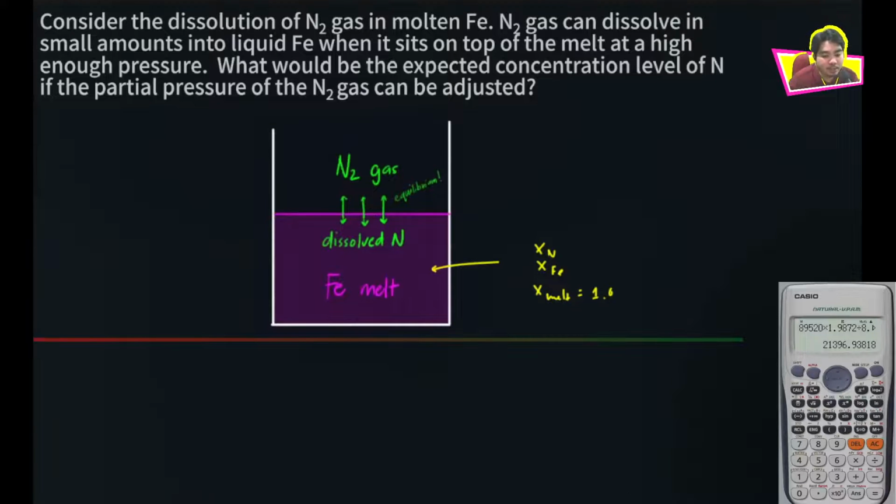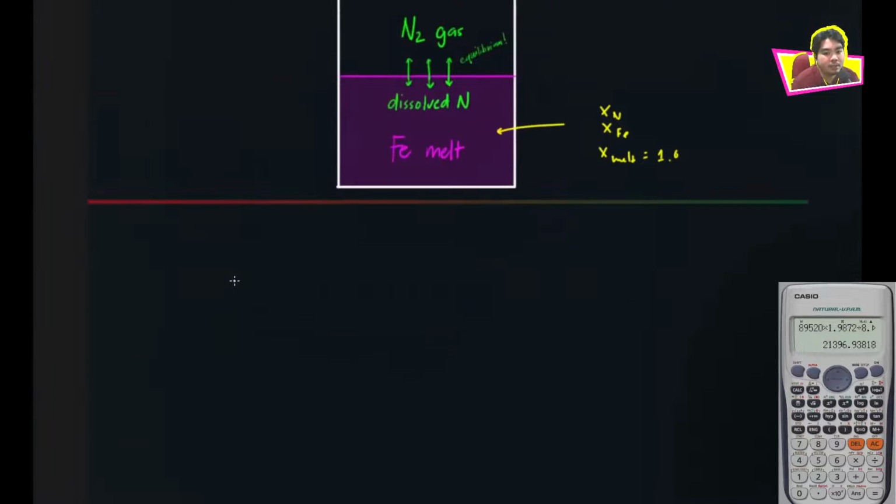So ang magiging relevant equation natin dito will be yung N2 gas natin. Let me write it here. So we have N2 gas is equal to 2 times N that is dissolved. Okay?